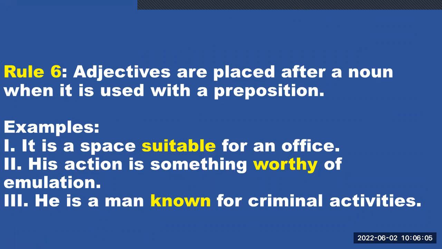No, it's something worthy of emulation. Then another example is a man known for criminal activities. All right. You cannot say it's a known for criminal man. No, that distorts the whole thing. So this is a rule: when you are using an adjective together with a preposition, we place it after the noun it defines.